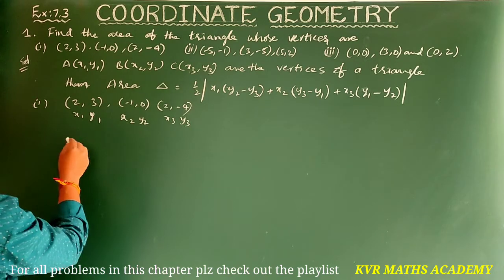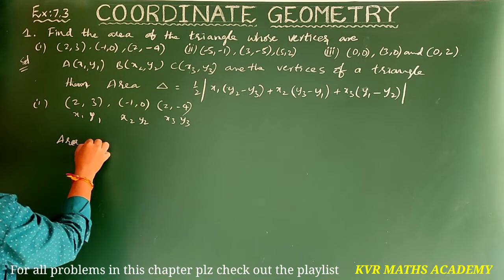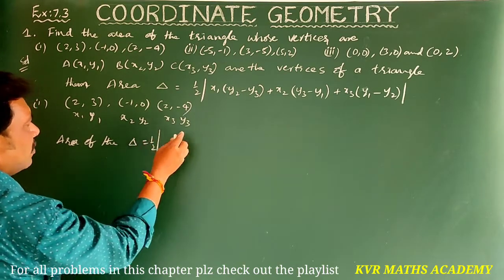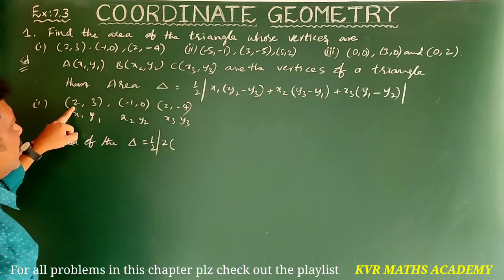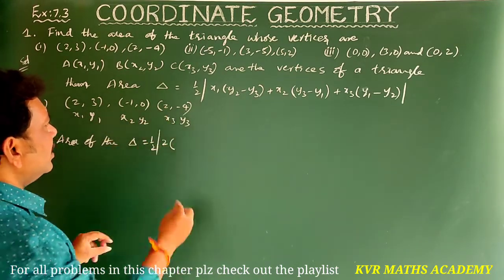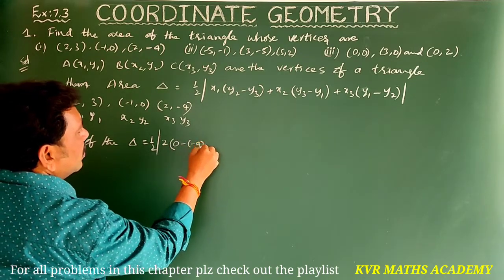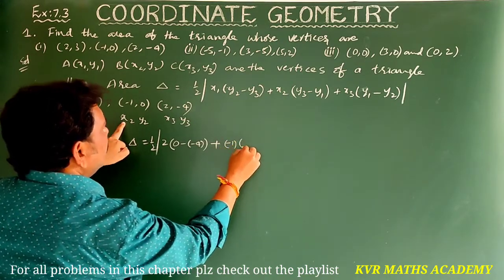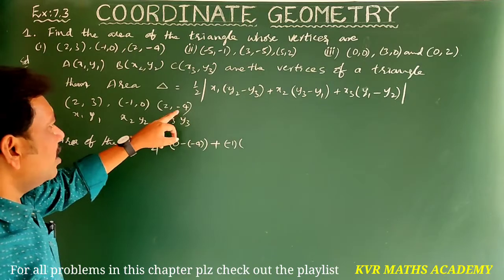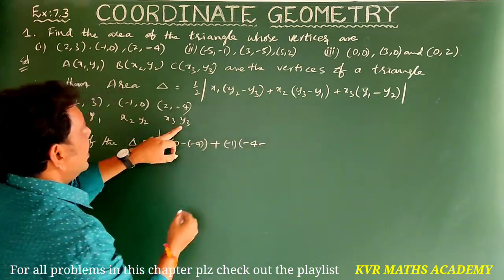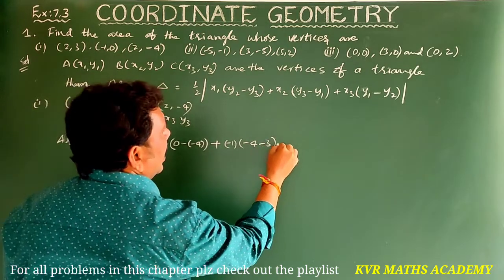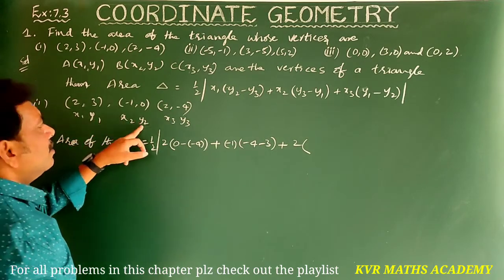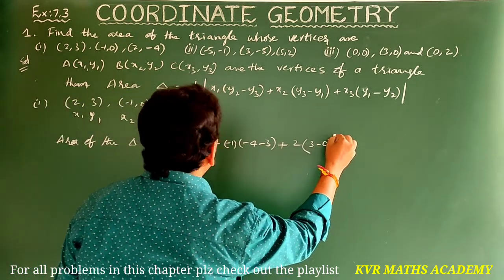Area of the triangle is equal to half modulus of x1, that means 2, into (y2 minus y3), that is 0 minus of minus 4, plus x2, that means minus 1, into (y3 minus y1), that is minus 4 minus 3, plus x3, that is 2, into (y1 minus y2), that is 3 minus 0.